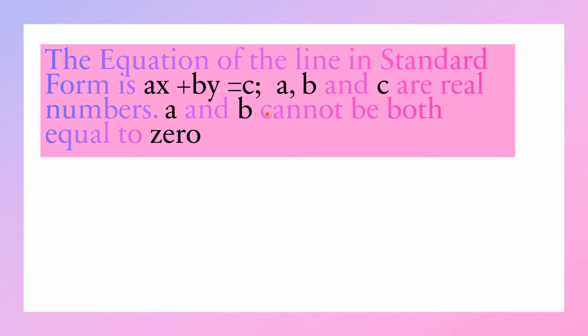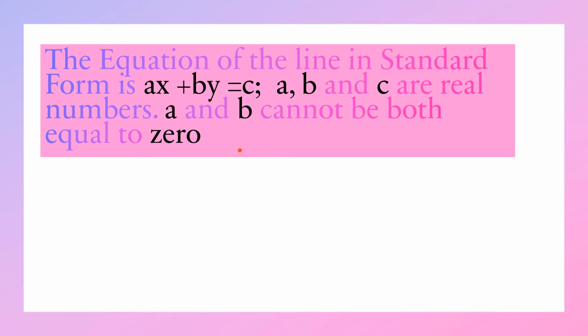A and b cannot both be equal to 0, which means a can be 0 but not b, or b can be 0 but not a at the same time. Okay?